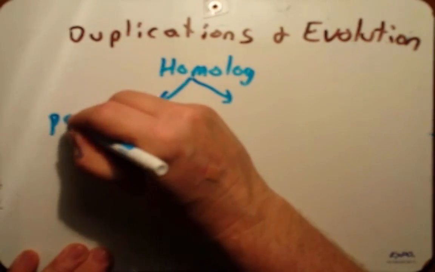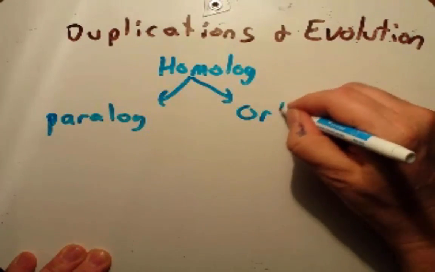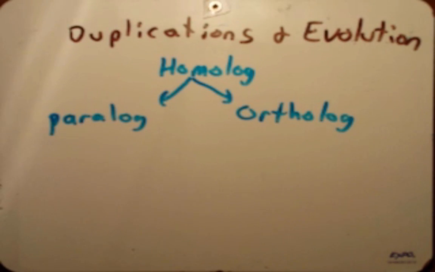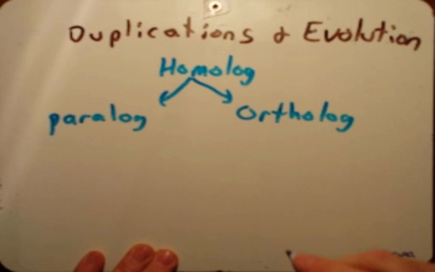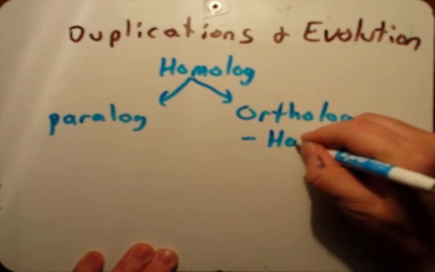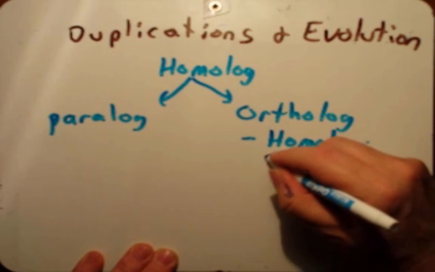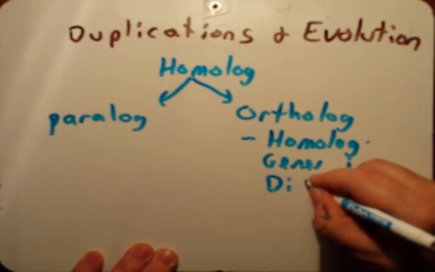Paralog and ortholog. Ortho means that these genes that are of similar sequence are in a different species. So we'll put homolog genes in different species.